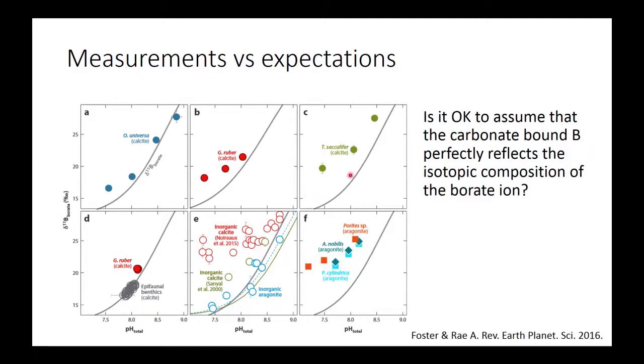This suggests that the calcite is definitely getting its boron from the borate ion, but there is an additional fractionation between the borate ion and the calcium carbonate. For some organisms, it seems to do quite well, and that additional fractionation, which we don't really know how it works, is quite small. But for other things, particularly corals that form aragonite, it can be crazy.